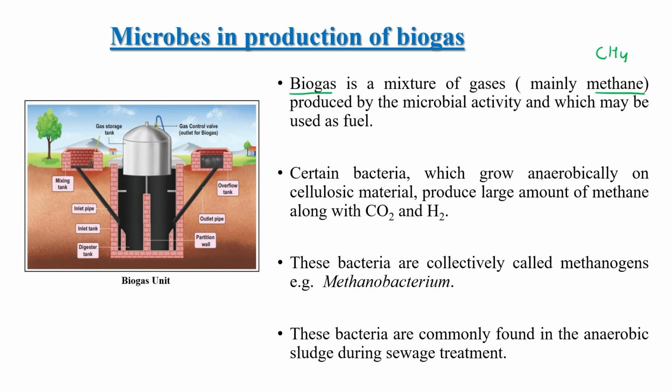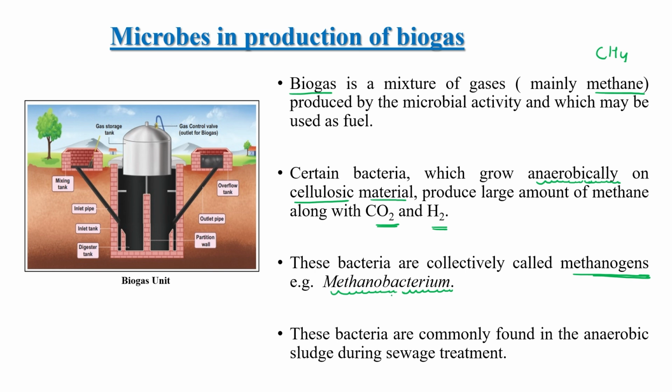Certain bacteria which grow anaerobically, a term we have just discussed, on cellulosic material produce a large amount of methane along with carbon dioxide and hydrogen. These bacteria are collectively called methanogens, such as Methanobacteria.